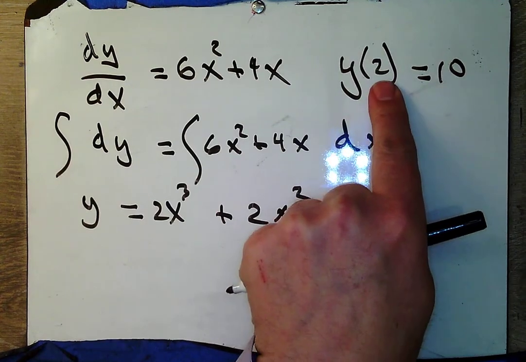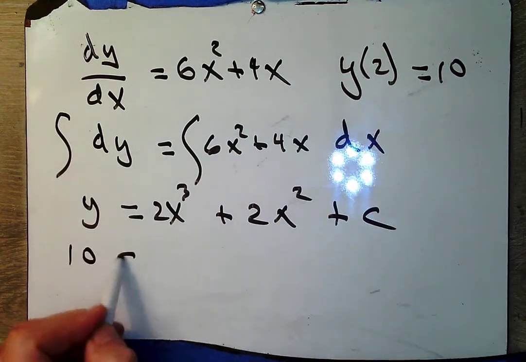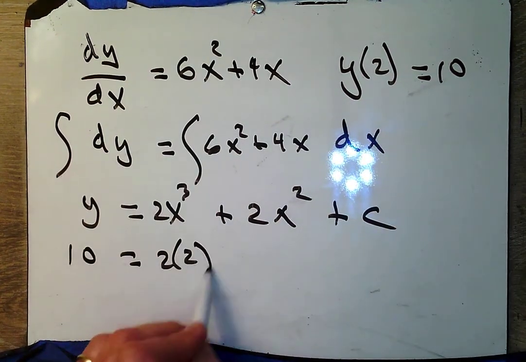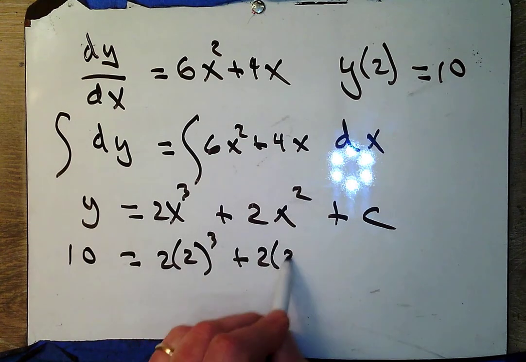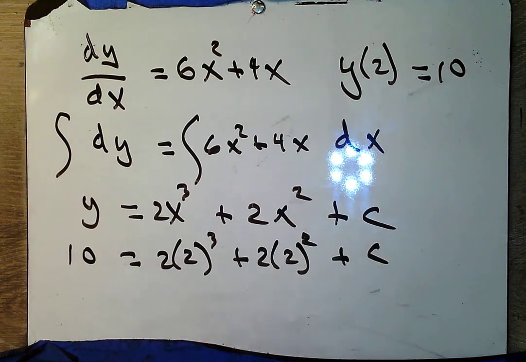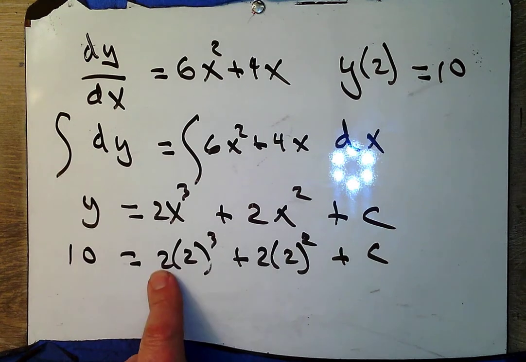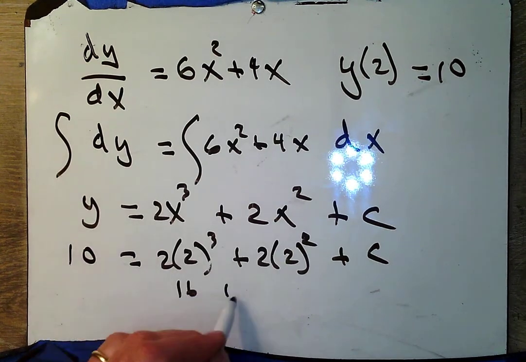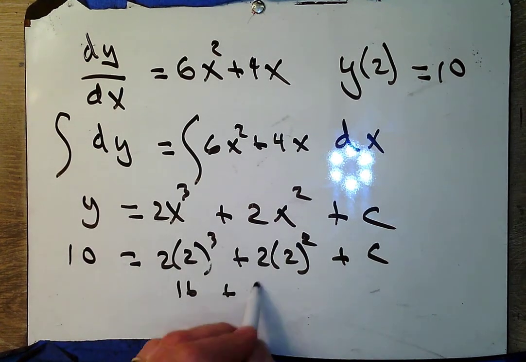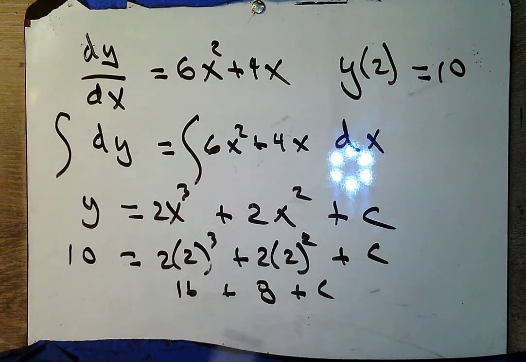Let's plug in our 2 for x and our 10 for y. Two to the third is 8. 8 times 2 is 16. 2 squared is 4. 4 times 2 is 8. And so that's 24 plus c is 10.